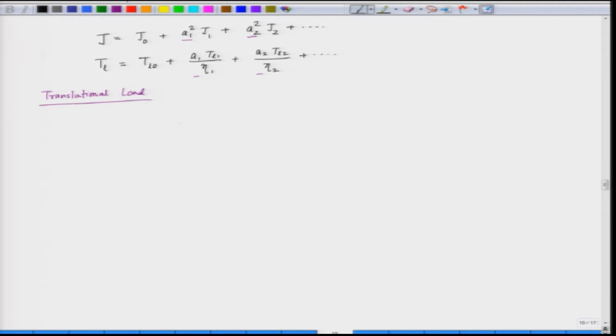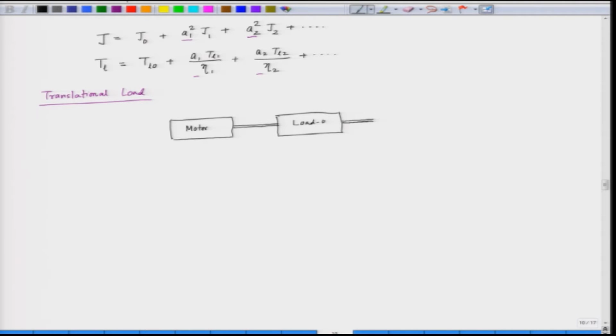Now, in this case we have a motor which is coupled to a load, let us say load 0, and this is a mechanical coupling. So, load 0 is a rotational load.